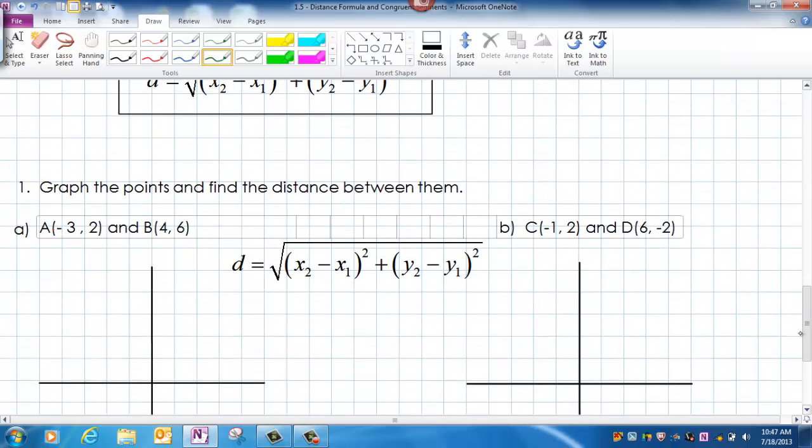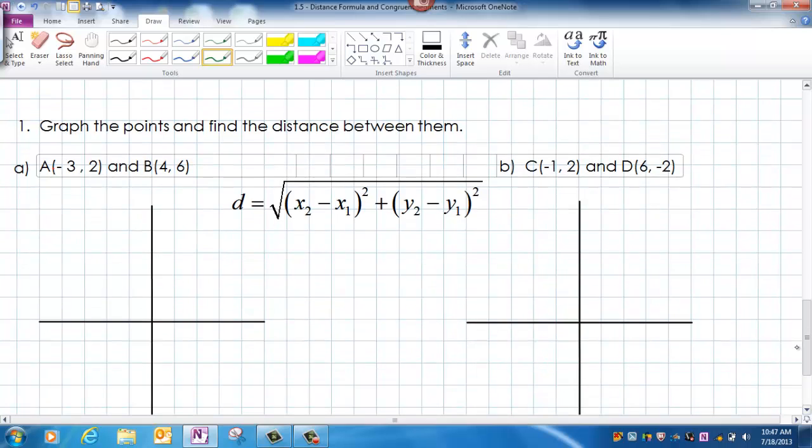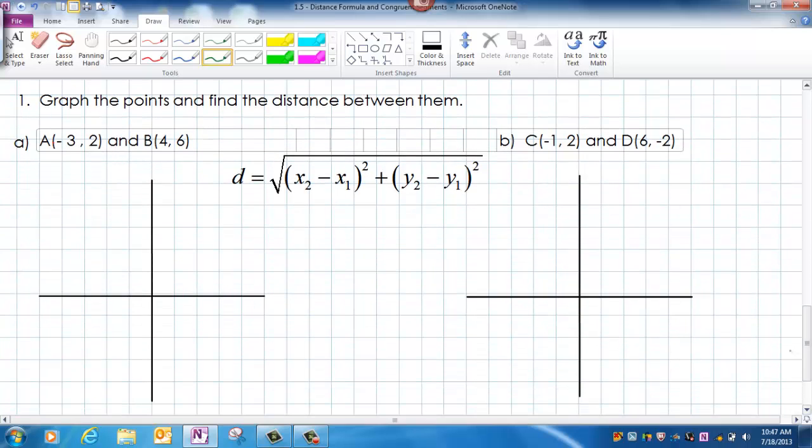To do that, the first thing we need to do is graph the points that they give us. The first point they give us is point A, and it says that point A is the coordinate point (-3, 2). The -3 is our x coordinate, which means we are going to go on the x-axis, and since it's -3, we are going to go to the left 3 units, which would be over here.